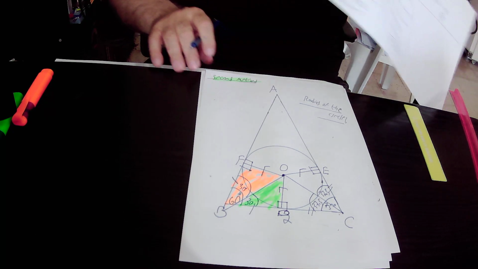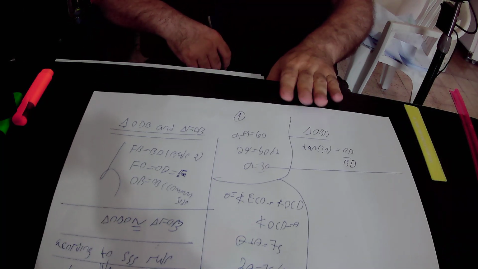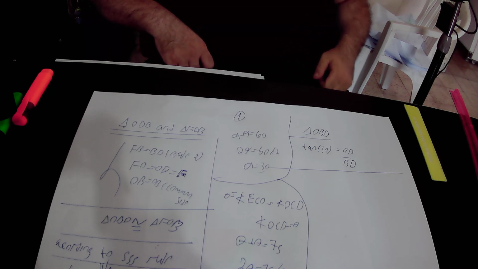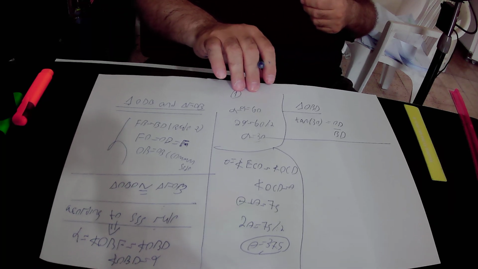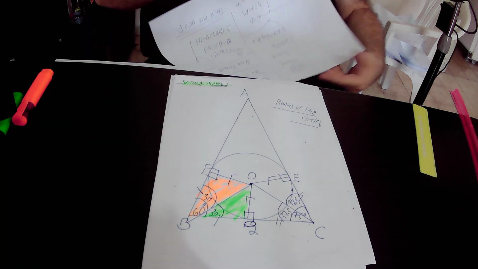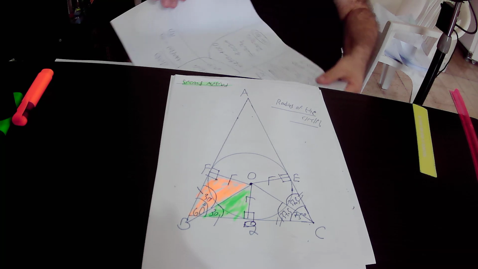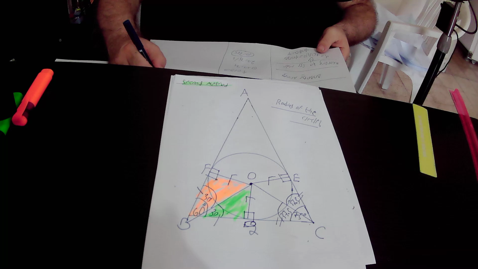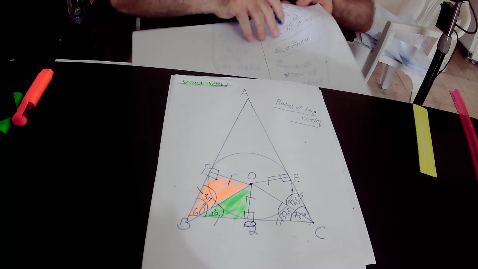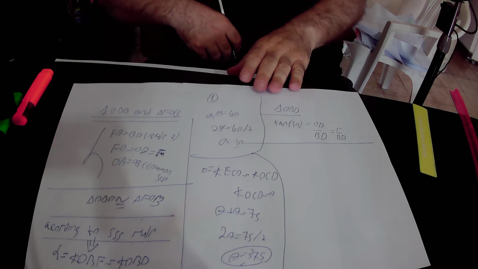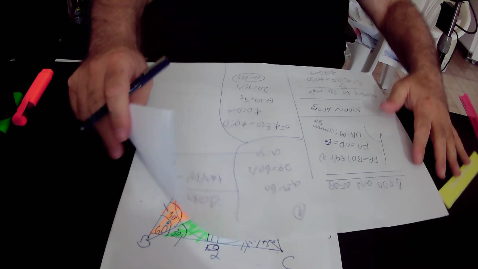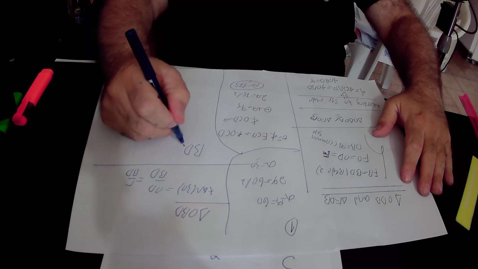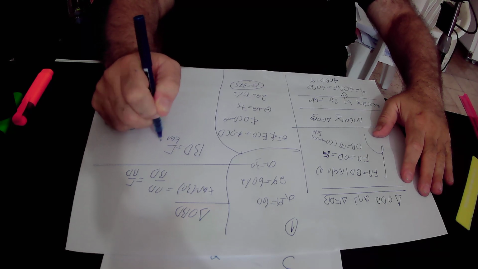I repeat again, in the green triangle OBD, tangent 30 degrees equals OD over BD. But here OD equals R, so we substitute OD by R over BD. So we found out that tangent 30 degrees equals R over BD. We multiply this equation by BD and then divide it by tangent 30 degrees and we get that BD equals R over tangent 30 degrees.